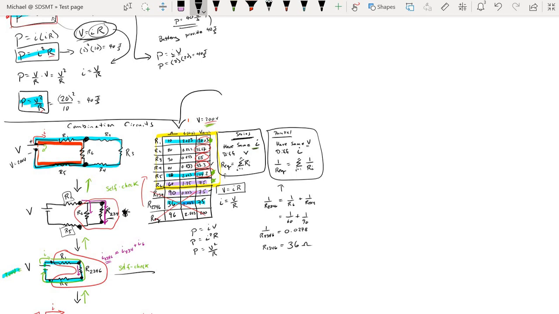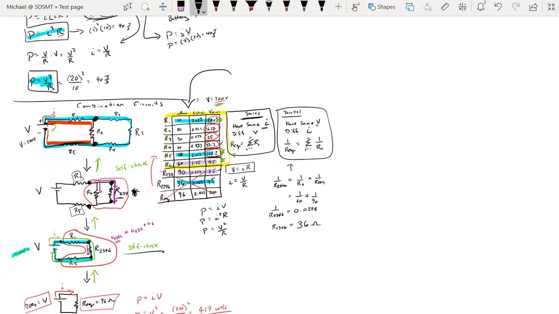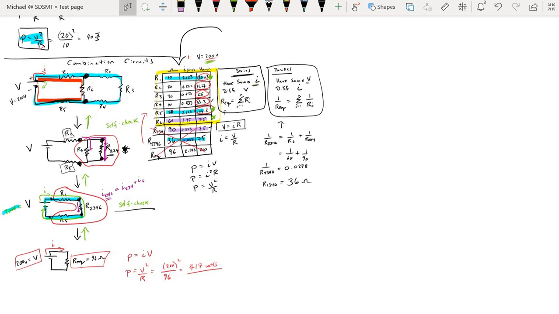I wish I had known this back when I was taking circuits. So please use the table method. I promise you that it's worth the effort. Also, as you're combining resistors, make sure that you progress through your drawings so that you can see what's happening, and then you can very easily backtrack through your work, and you'll have a much better experience working with these kinds of problems. All right.